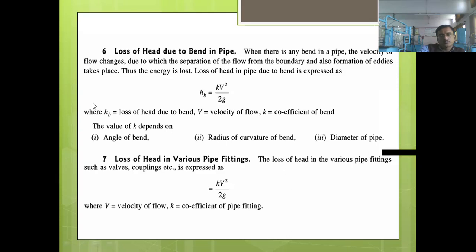Next, write down loss of head in various pipe fittings.